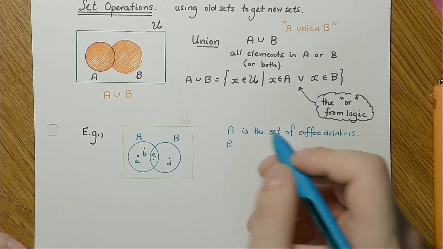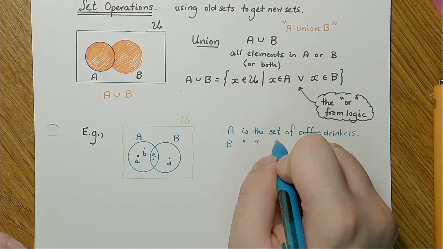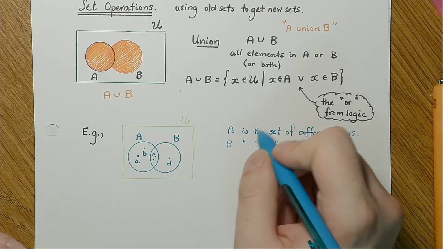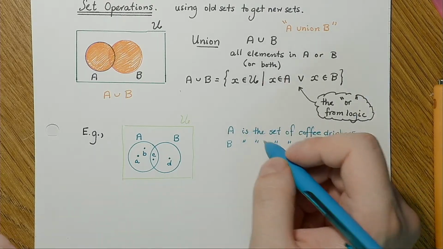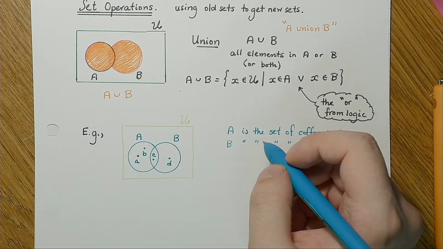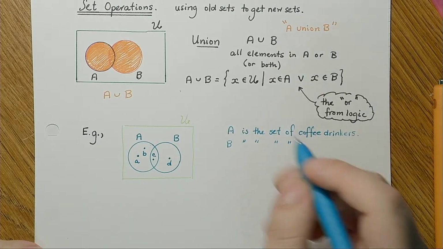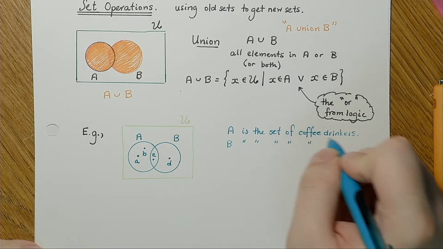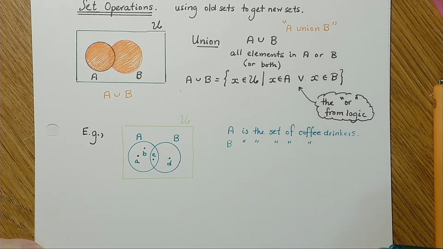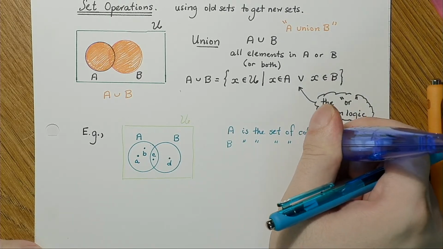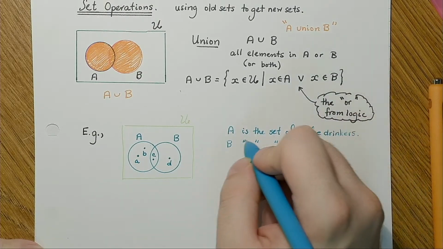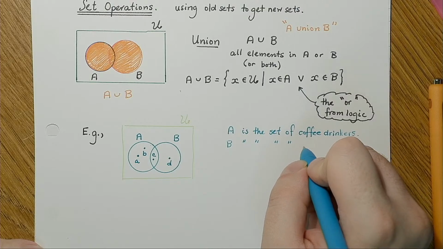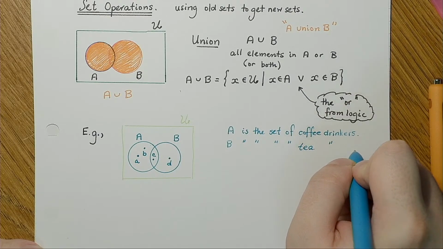We'll say B is the set of tea drinkers. These little ticks mean that I'm just copying down from the previous one.